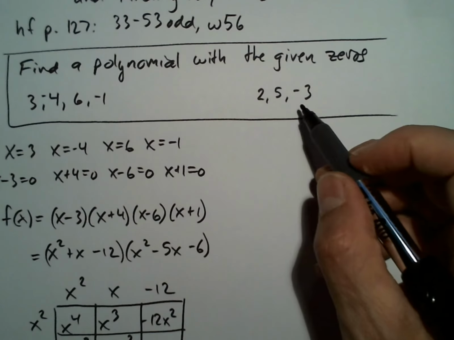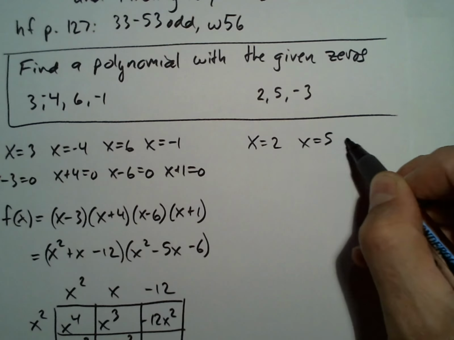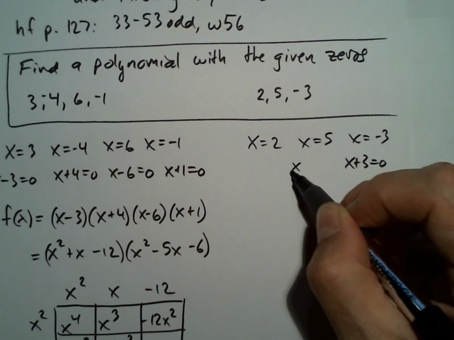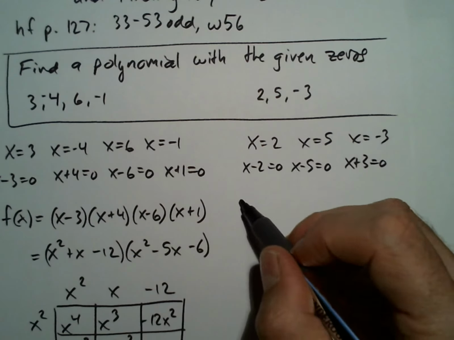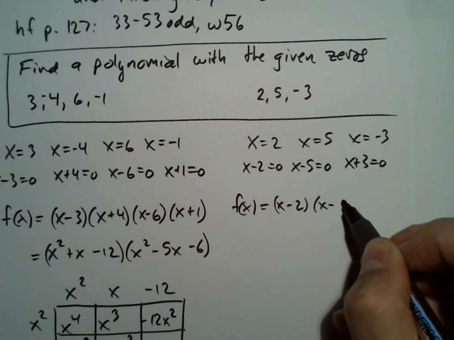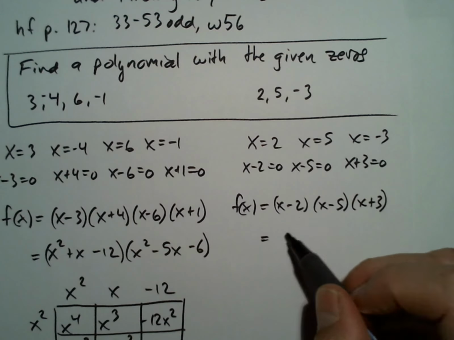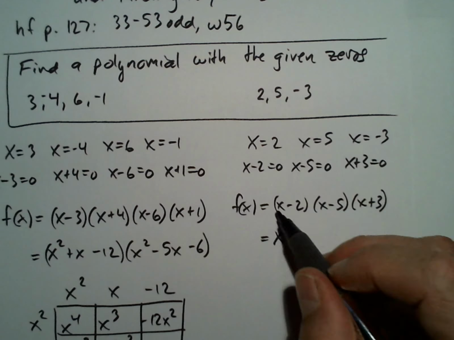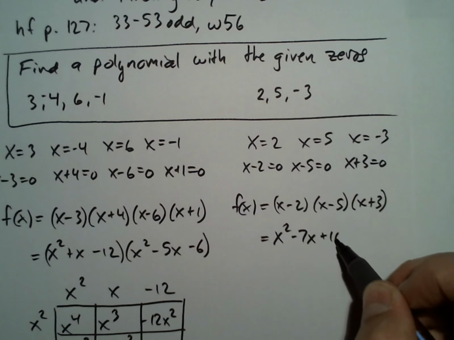Alright, pause the video and try that one. If we multiply this, we'll get x squared minus 2 minus 5 and plus 10.